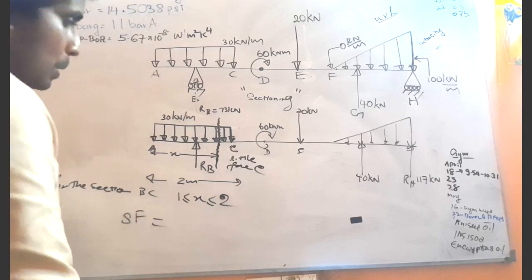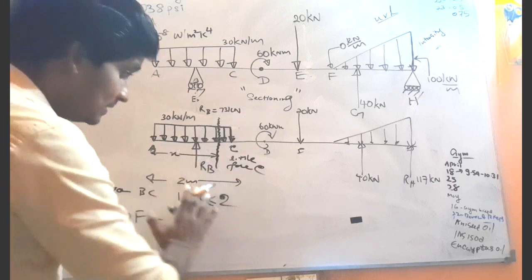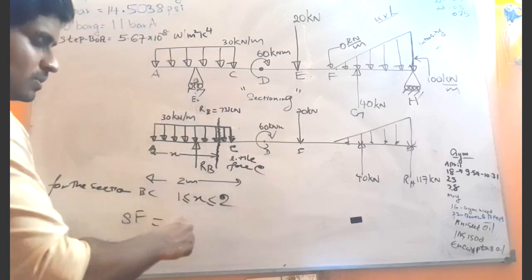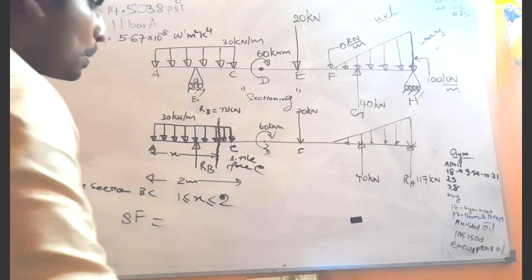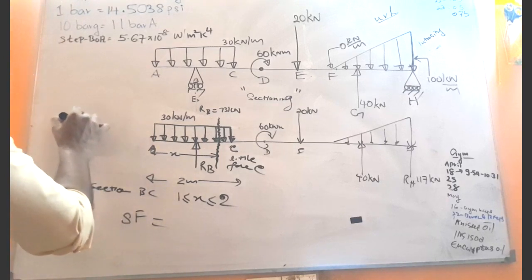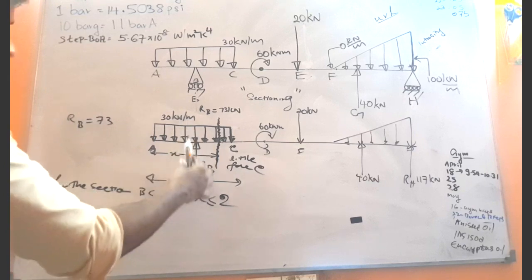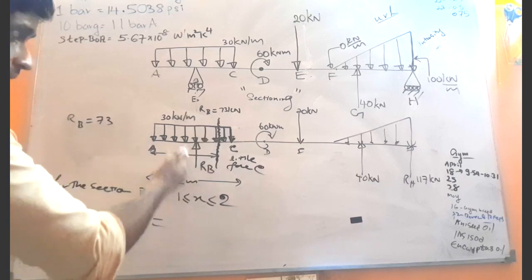Now see, we have a force that causes the left side to go up. See this RB. So now this RB is actually positive, right? And we know what RB is. RB is 73. This reaction force actually causes the left side to go up.